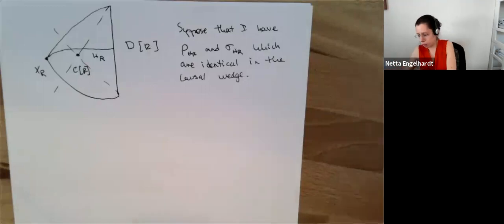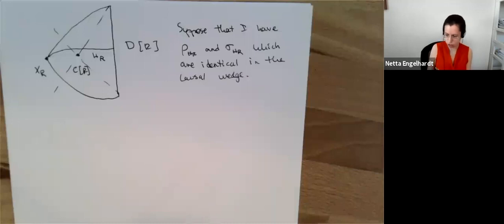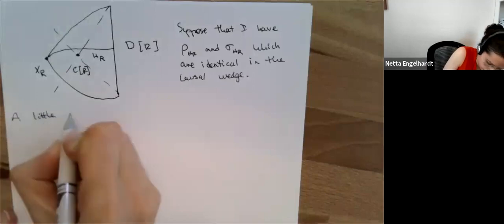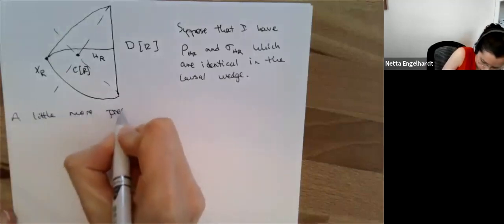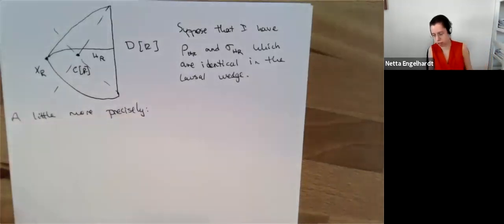Okay, so maybe I can be ever so slightly more precise. Essentially the way that Dong-Harlow-Wall do this is they say, okay, if rho HR equals sigma HR, a little more precisely, or maybe the same thing I just said, but in equations instead of words.